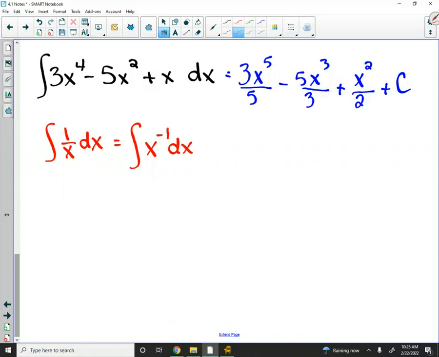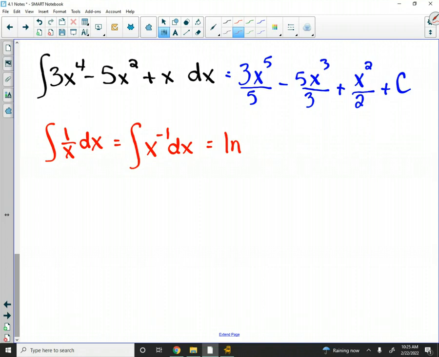This is the only time the power rule doesn't work. But we know this deep down somewhere in your brain. You know this answer. What did we derive and got 1 over x? Natural log of x. So this is the one time the power rule doesn't work, and we already know this one, natural log of x.